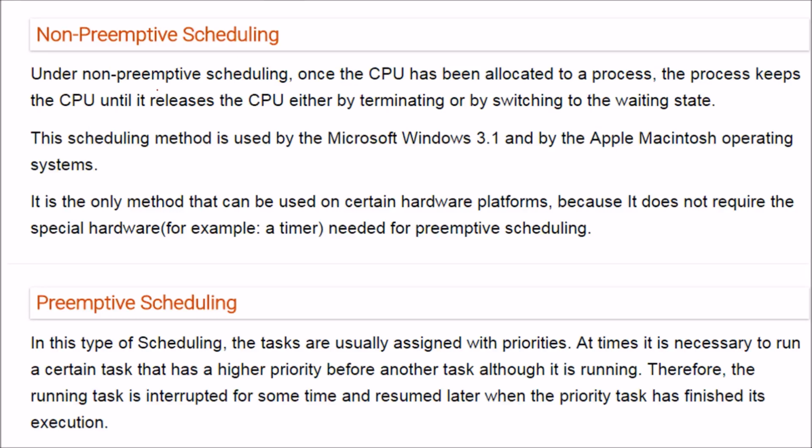Under non-preemptive scheduling, once the CPU has been allocated to a process, the process will keep the CPU and keep on executing until it releases the CPU by itself, either by terminating or by switching its state to the waiting state.